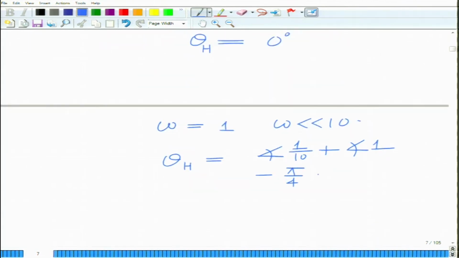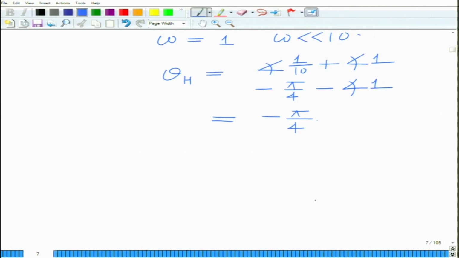So, minus pi by 4, minus the angle of 1 plus j omega over 100, which when omega is 1 is again the angle of 1, because 1 plus j omega over 100 is well approximated by 1. So, this is equal to minus pi by 4.